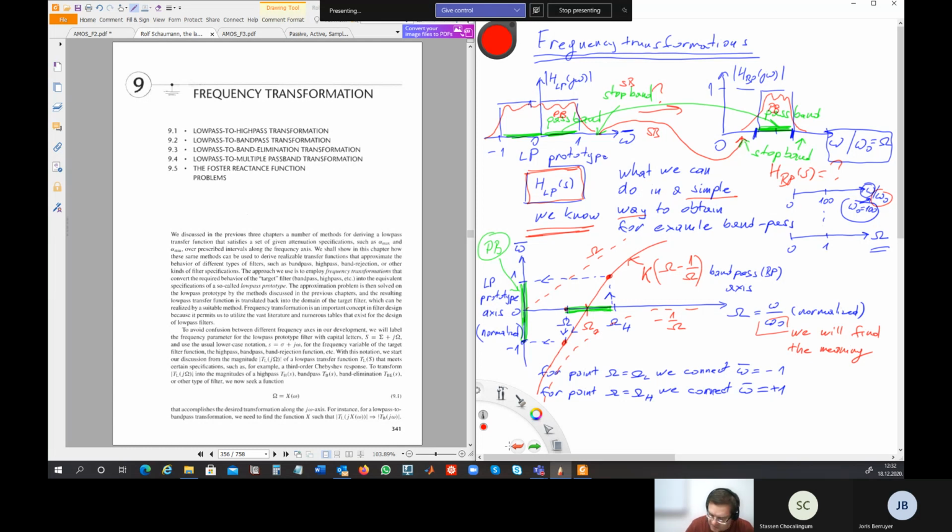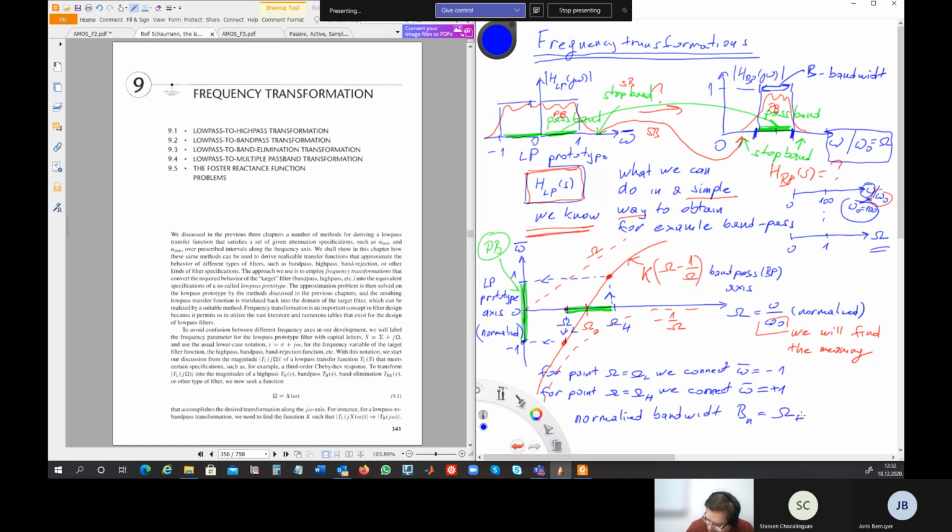Now we will also call something that is always known as bandwidth. It's this here, B, or let's say normalized bandwidth. We will call it Bn.